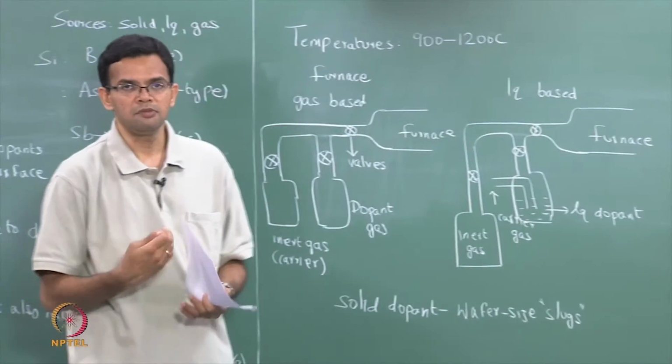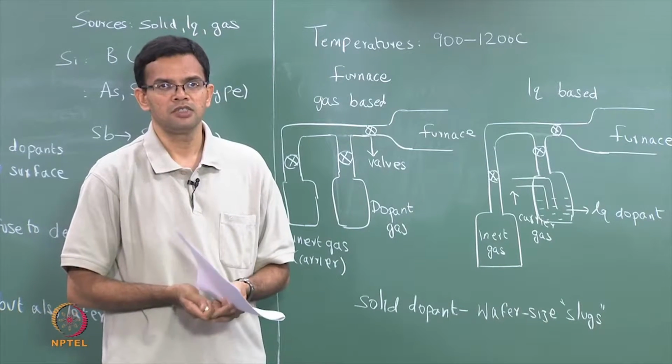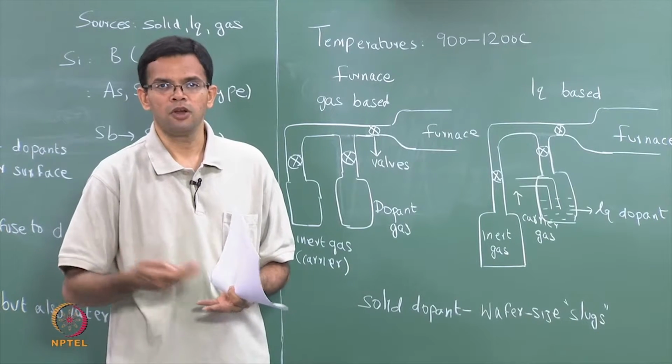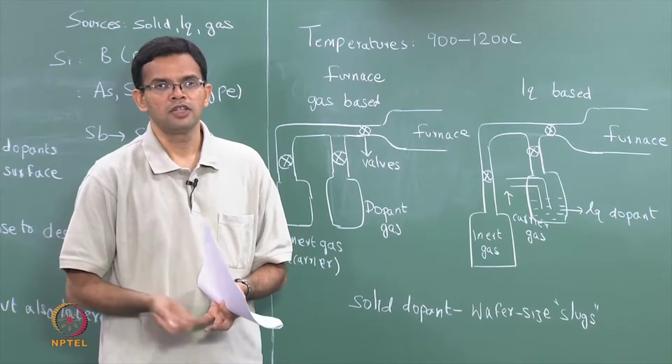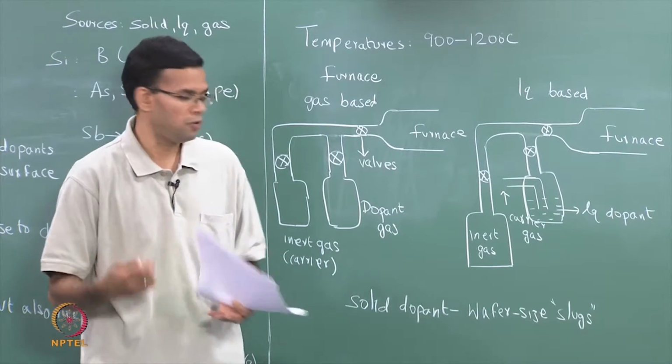So, your material is made in the form of a slug and introduced along with the wafers into the furnace. So, these slugs are placed in close proximity with the wafers, so that at high temperature material diffuses from the dopant into the wafer.